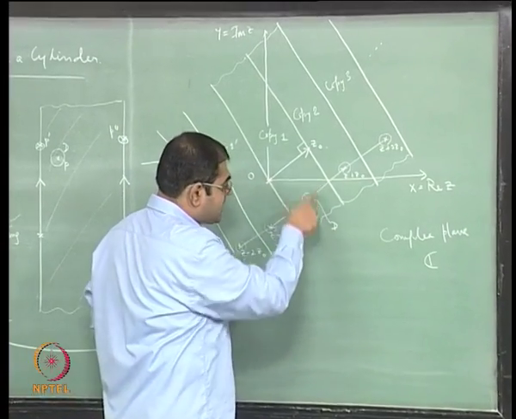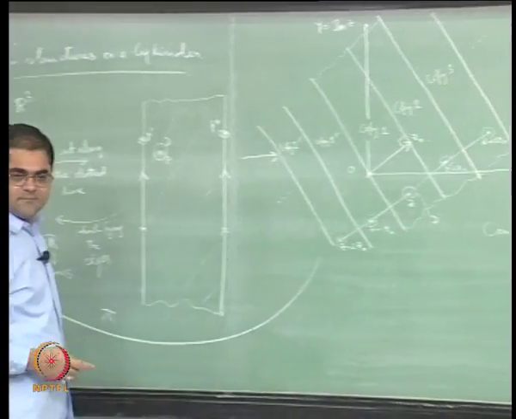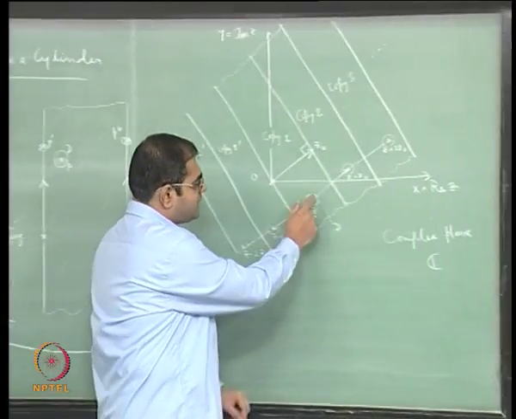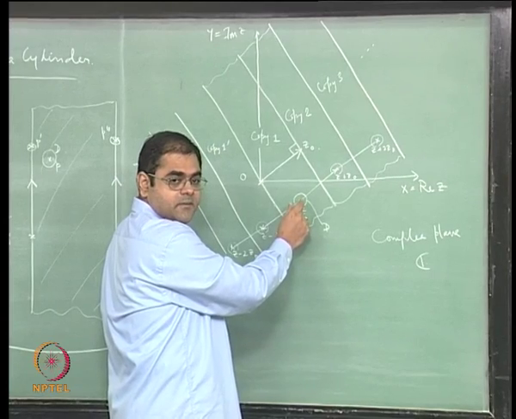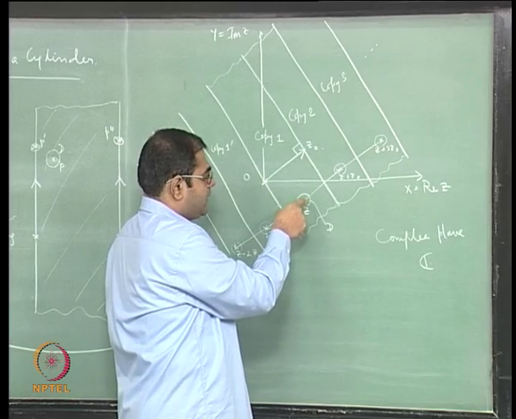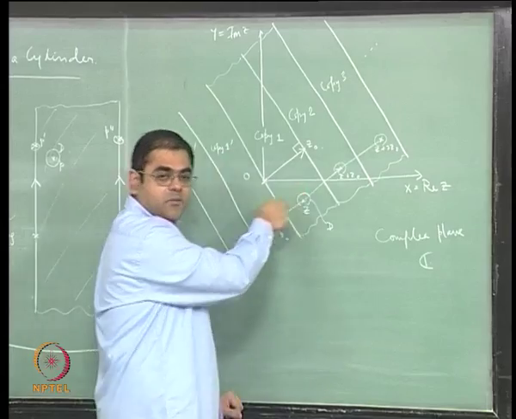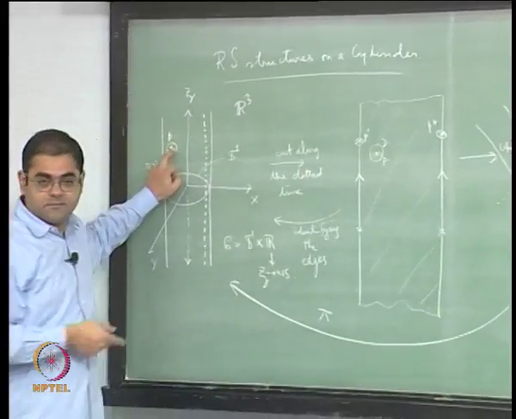If I restrict pi to this d, mind you, it is bijective. That is because you see I have made this disk very small, okay. So two different points in this disk cannot go to the same point here.